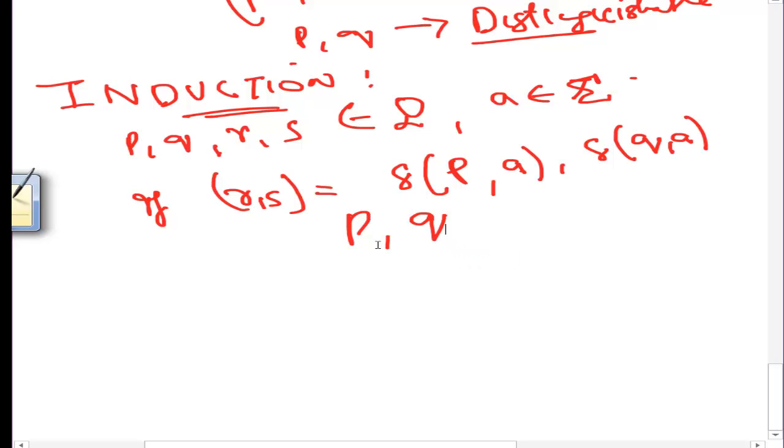So if R and S were distinguishable, then P and Q are also distinguishable.